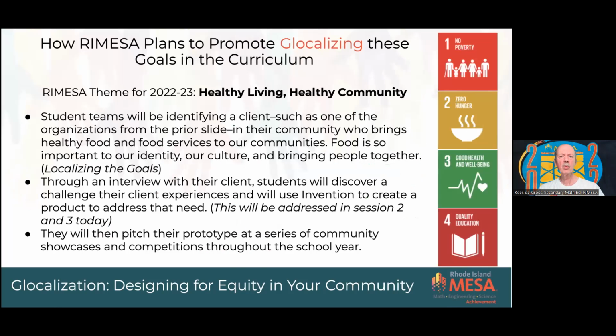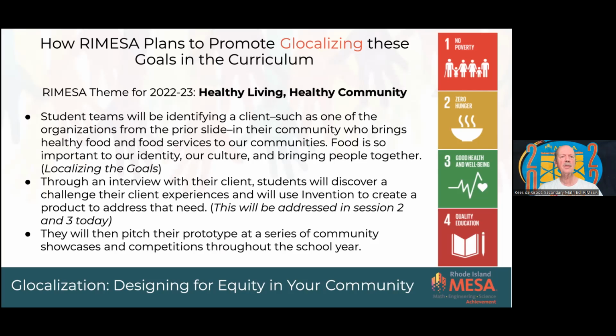So what we have done, and this is just a draft, it is very much based on what they did in Oregon this past year, where they had a theme of harvest to table. So this is very, very strongly inspired by their work. And our working title for our theme is Healthy Living, Healthy Community.